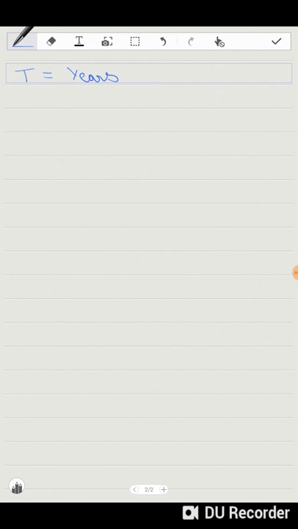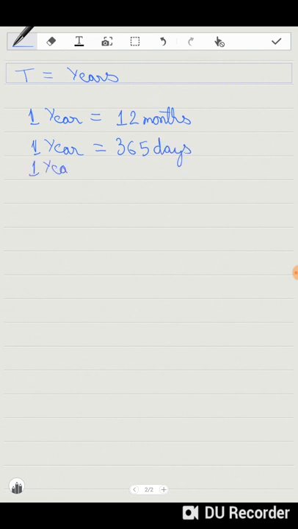So can you tell me 1 year is how many months? 12 months. Then 1 year has how many days? A non-leap year? 365 days. And 1 year has how many weeks? 52 weeks.